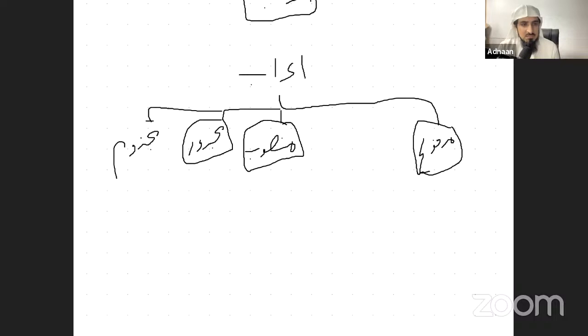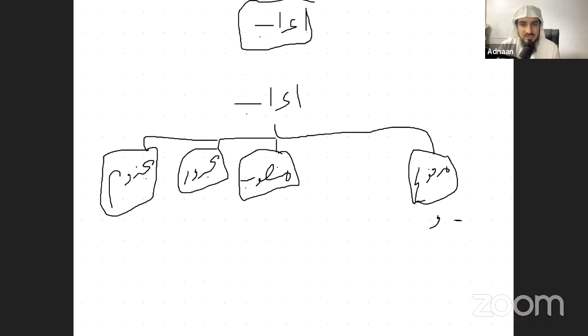And each team has a main character or a main player or captain. So marfu', from rafa. Rafa is to be high or to be raised. So the main character here is a dhamma.